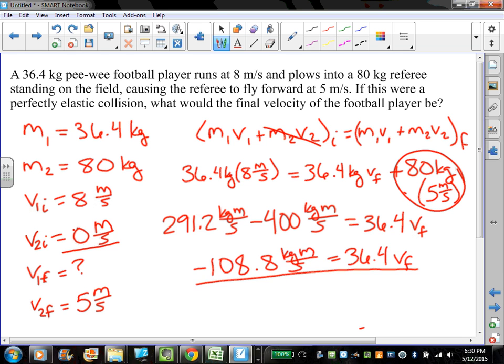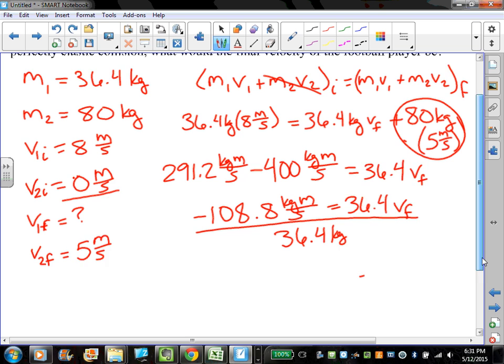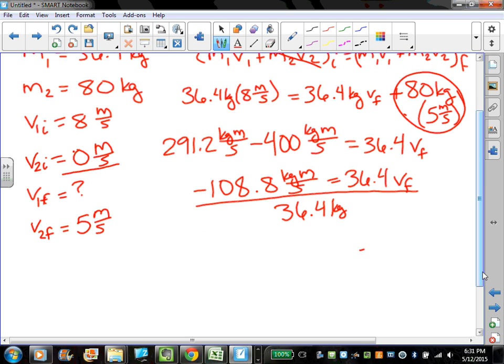So let's divide everything by 36.4 kilograms. And we should get that his velocity is negative 2.99 meters per second, the velocity of our little pee-wee football player. So he is actually thrown backwards by running into this ref.